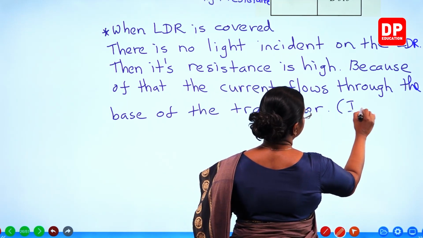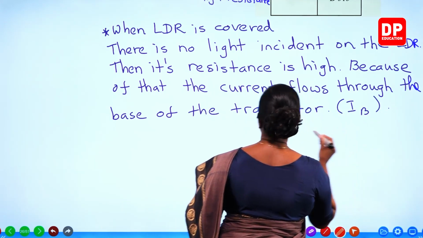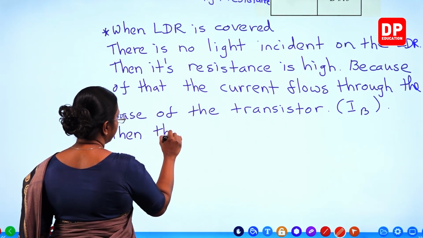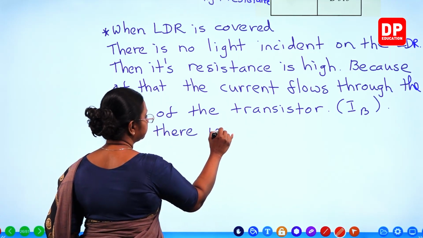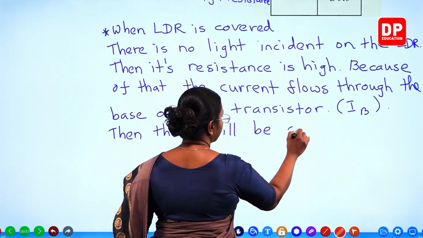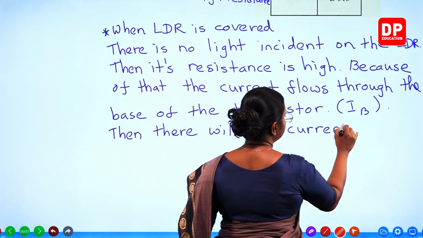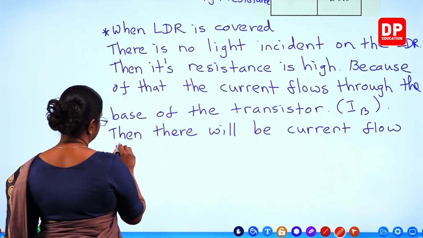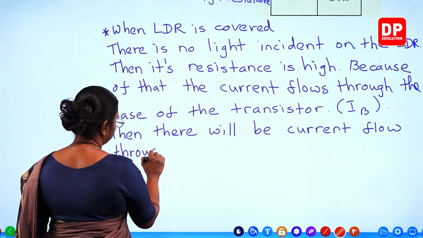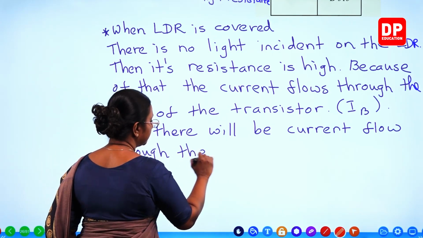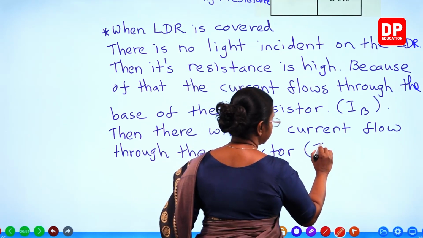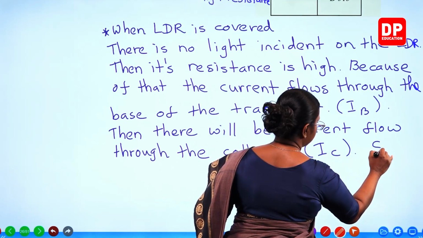So we call it the IB, base current. Then there will be current flow through the collector, that is IC.